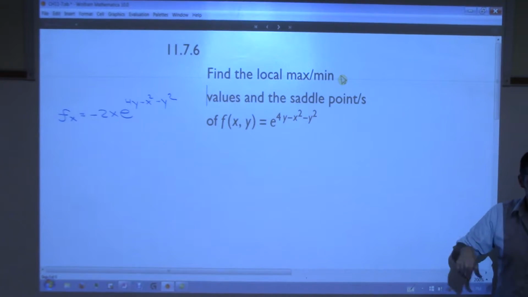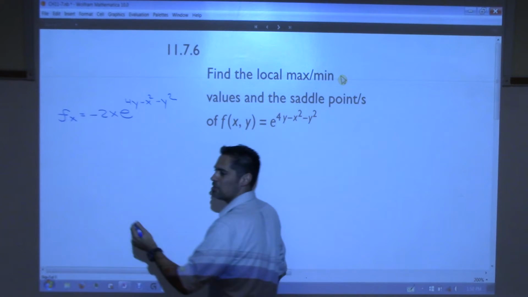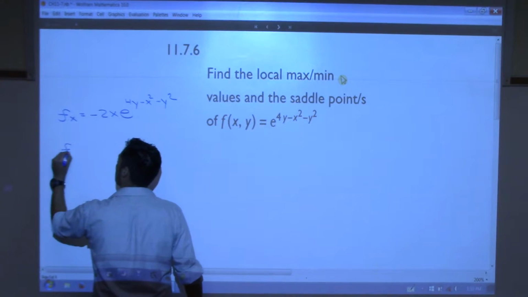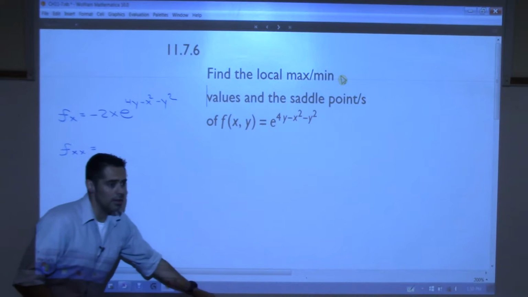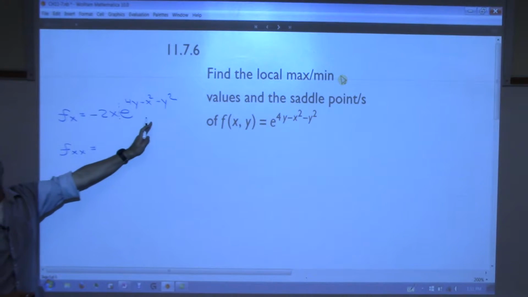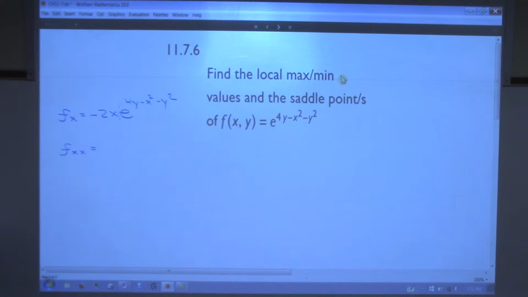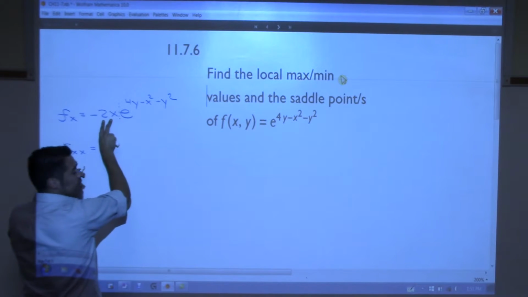Now, again. Uh-oh. Now things can get more complicated, right? Now you have to do the product rule because you actually do have a product. Right here, you have a function of x and another function of x, and you're multiplying them, so you have to do a product rule. What is the derivative of this with respect to x? Negative 2, right?